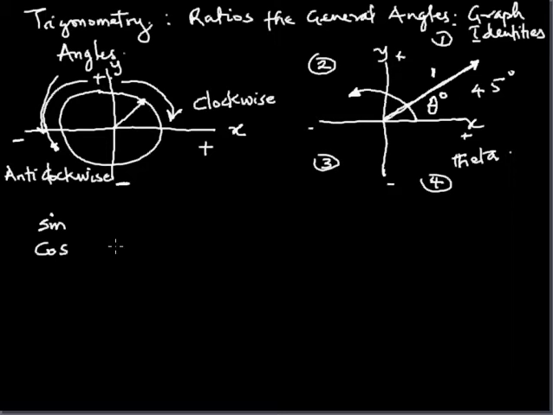That is, cos is the same thing as cosine. Sine is sine. And the last one is the tangent.